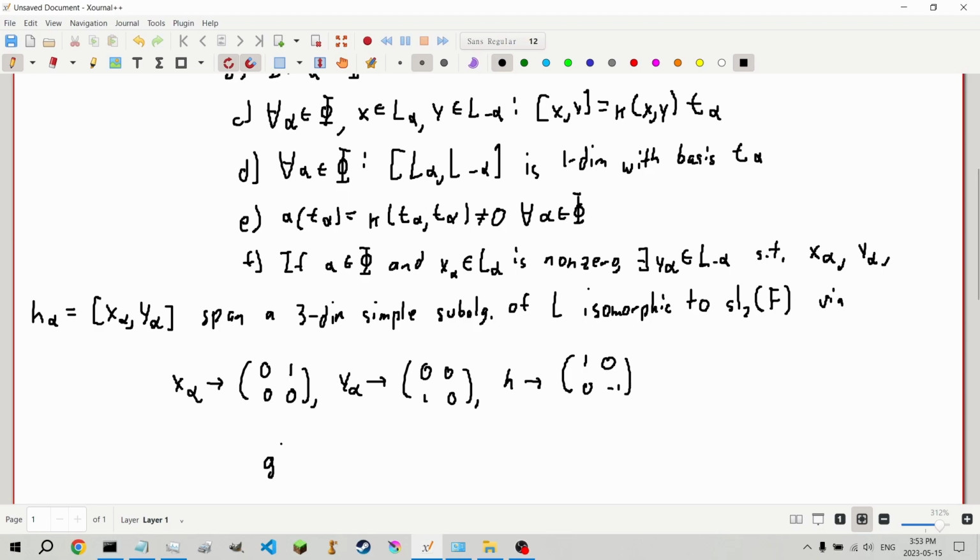And G states that in this case, our h alpha is equal to 2 times t alpha over the Killing form of t alpha with itself, which as we saw above is non-zero once we get around to proving that.